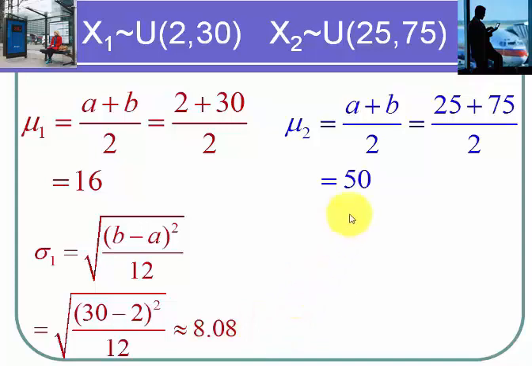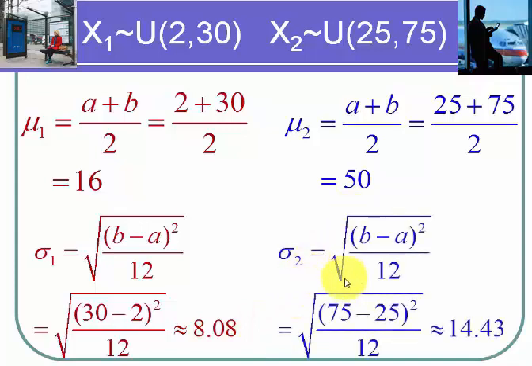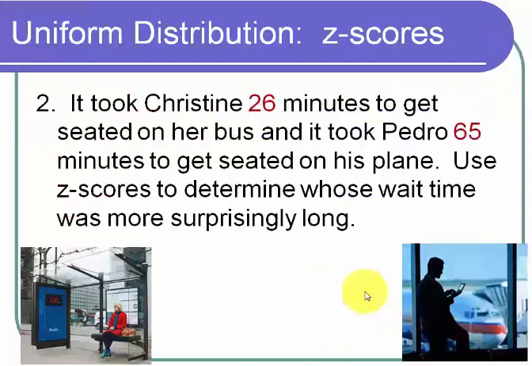Similarly, for the airplane, the standard deviation is the square root of (75 minus 25) squared divided by 12, and in the calculator, you get about 14.43.